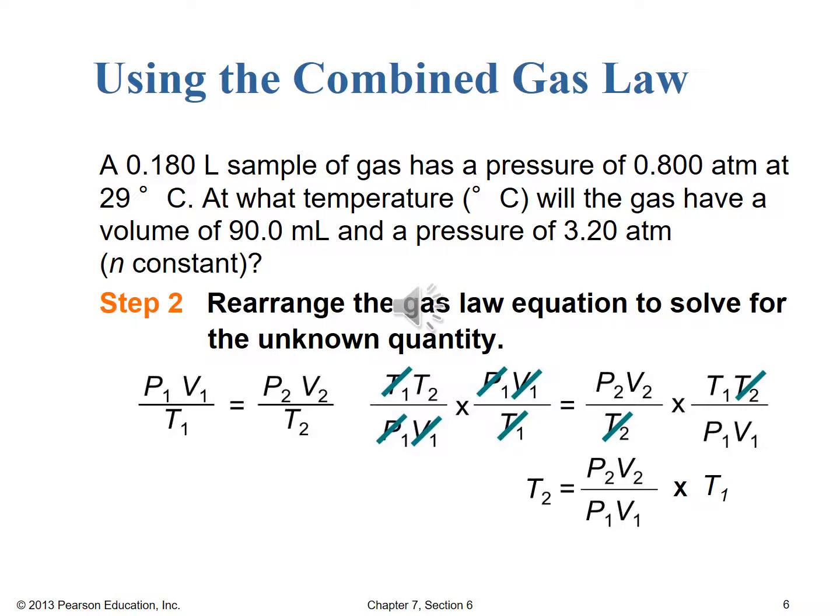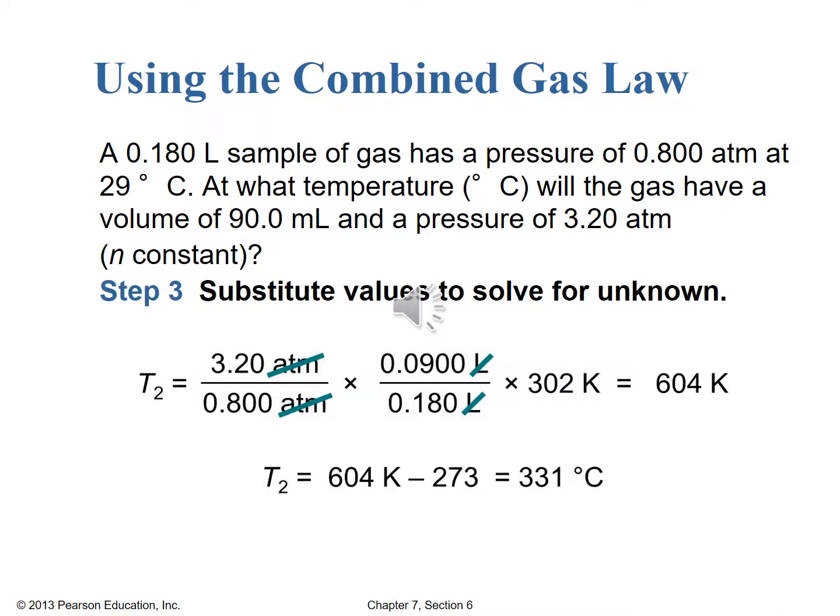And that gives us, again, a fair deal of work here to get the form of the equation T2 equals P2 times V2 divided by P1 times V1, and that's all multiplied by T1.